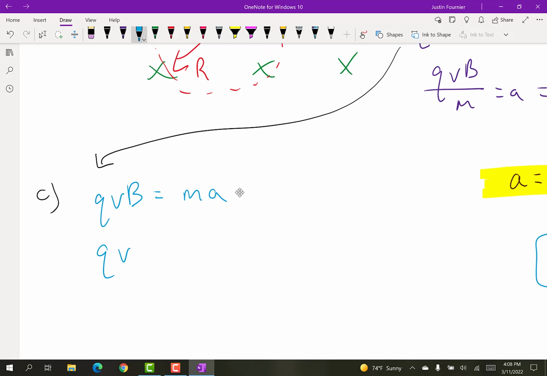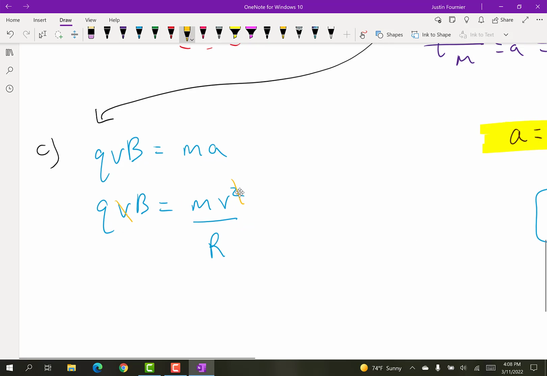So that's going to be QVB equals the mass times, if I'm moving in a circle, v squared over r, the radius. And that's the radius that I'm looking for. This velocity cancels out, so both of those are speeds. I'm going to isolate r, so multiply both sides by r, divide both sides by q times b. It's going to give me mv divided by q times b.